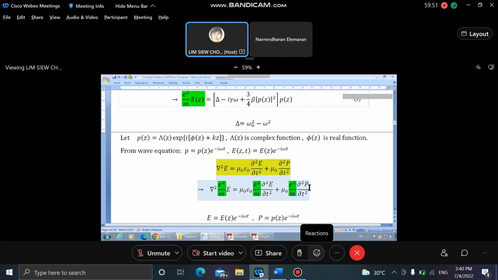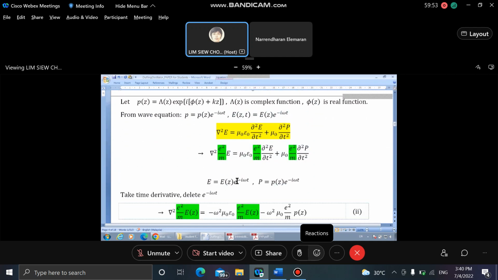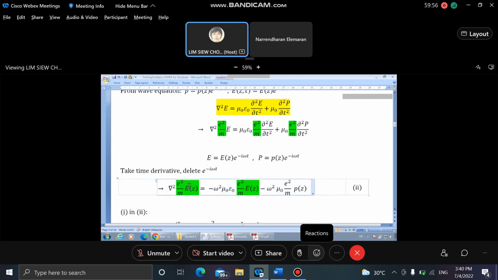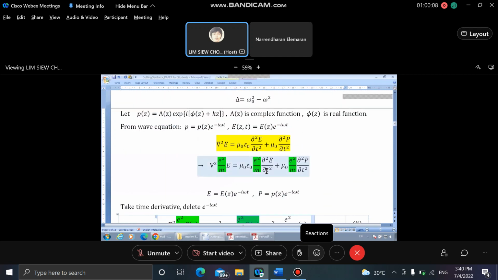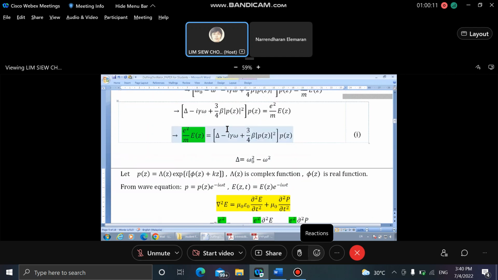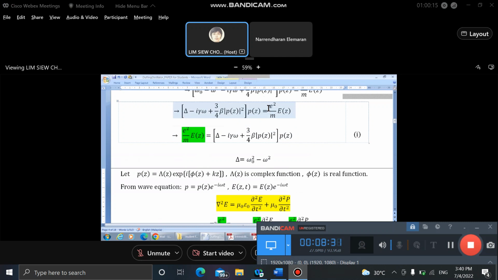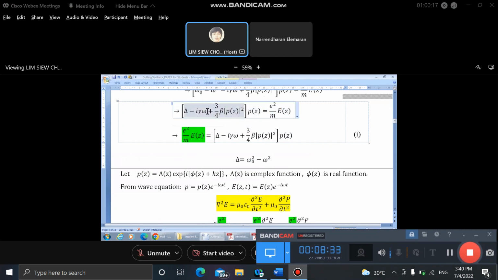So after this, here I managed to make it the same as this. This is the wave equation where you have already taken care of the time derivative, and the highlighted green here, this term and this term, are exactly the same as the results from the paper. So that's why my purpose is to rearrange these results of the paper like this.